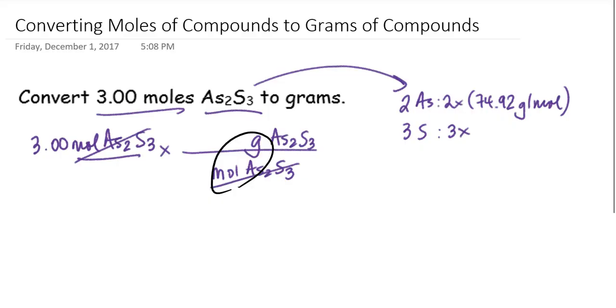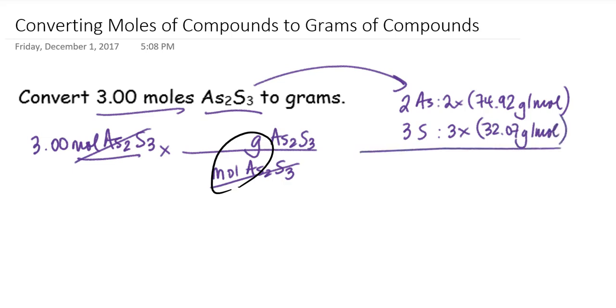Again, that's to 4 significant figures. And so that is 3 times 32.07 grams per mole. I'm going to add this up in this box. So 2 times 74.92 plus 3 times 32.07 gives me a molar mass of 246.1 grams per mole, expressed to 4 significant figures.